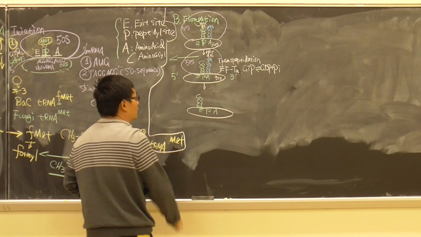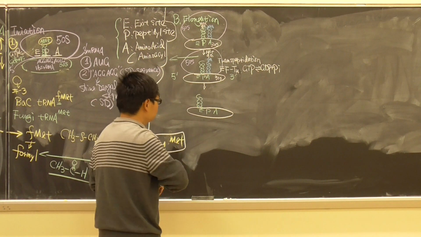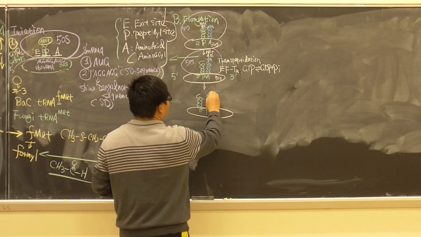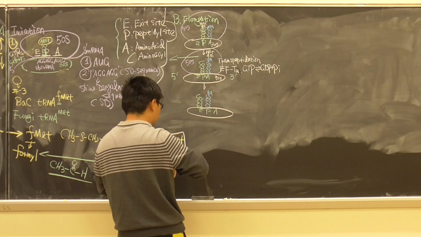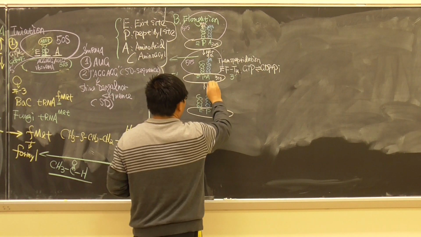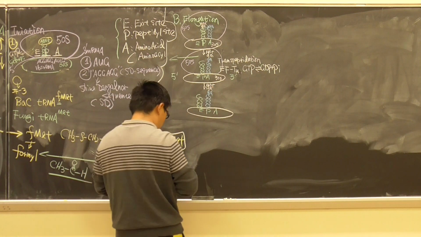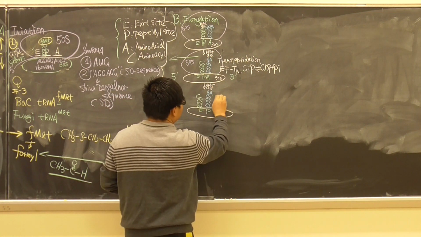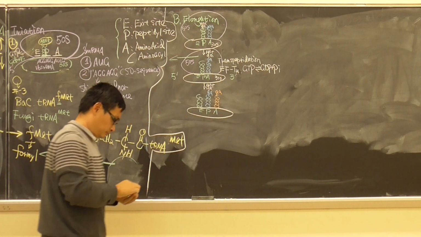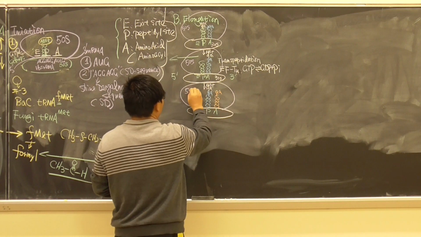The empty tRNA will go to the E site. This is going to move in. This guy is going to move to here. So you connect it with AA and with MET. And of course, there is a new one going to come in, tRNA carrying an AA.